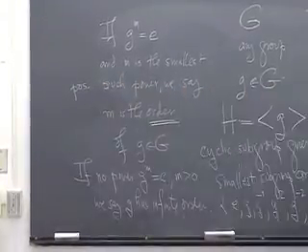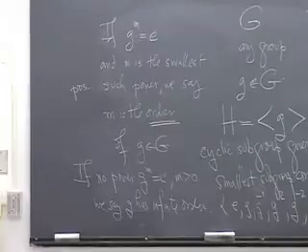So the elements in Z all have infinite order, except for 0, which has order 1.